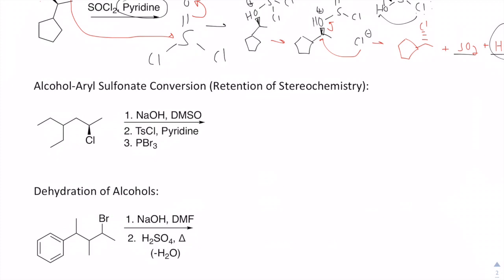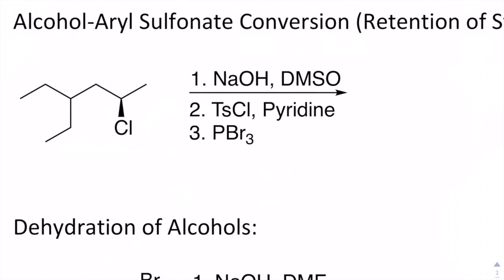So this reaction is important in synthesis because we have retention of stereochemistry. So whatever that stereochemical configuration is of that hydroxyl starting material is going to be retained when we create the aryl sulfonate. Okay, so step 1 is just going to be an SN2 reaction with that haloalkane, and it's more specifically that chloride. So we would expect the result of step 1 to be something that looks like this.